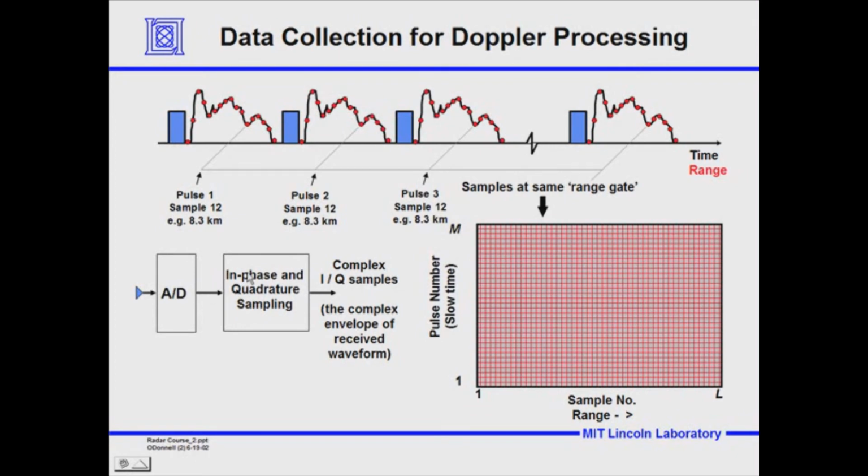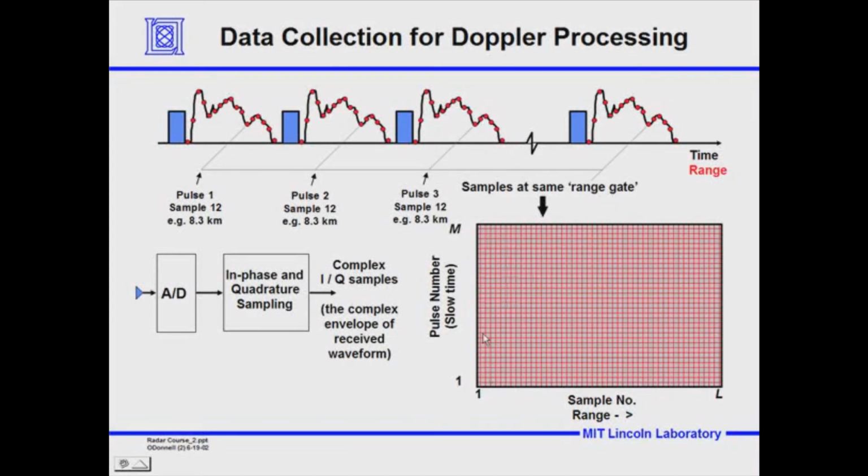We'd sample both the real and the imaginary part of the signal, the in-phase and quadrature, I and Q samples, and these samples, the complex envelope of the received waveform, we'd use to fill up this. We visually show it as a matrix, what would fill up a memory. So we fill up the memory a row at a time, and then we process it one range cell at a time.